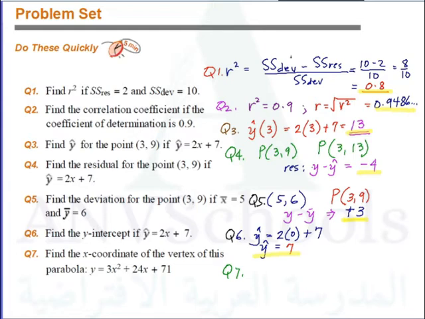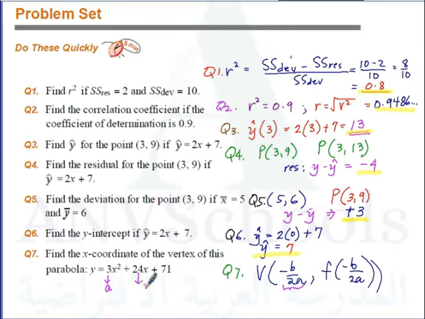So we have a formula for the vertex, and that is negative b over 2a, and f of negative b over 2a. Looking at the x coordinate, this is our a.